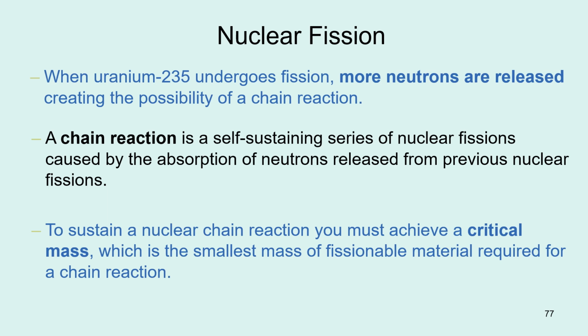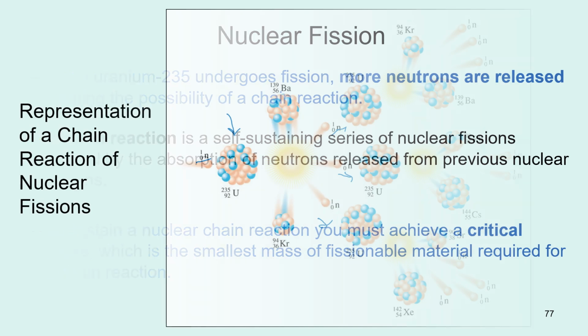And in order to sustain the nuclear chain reaction, you have to have a critical mass, which makes sense. It's the smallest amount of fissionable material required to get a chain reaction going. So the critical mass is just the minimum amount that you can get a chain reaction going.